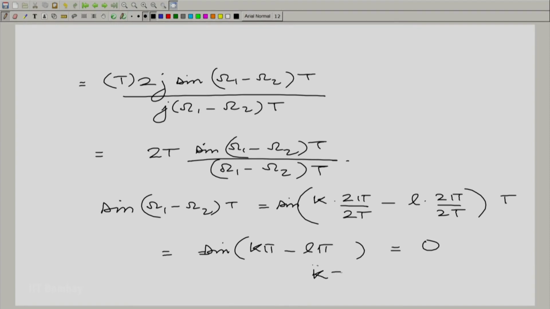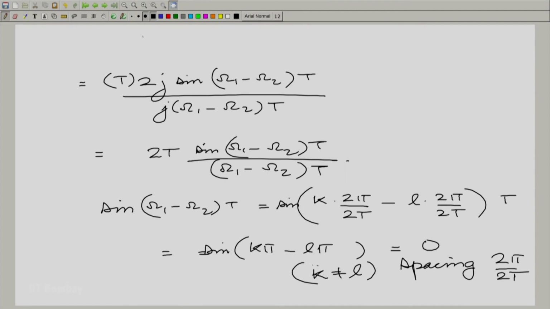I have got a general expression for the inner product, then I have substituted the specific values of the frequencies, and I find they are identically 0. These inner products are all identically 0 when k is not equal to L. Now, let me draw this on the frequency axis. So what have I said here? This is when k is not equal to L, and the frequency spacing is 2 pi by 2T.